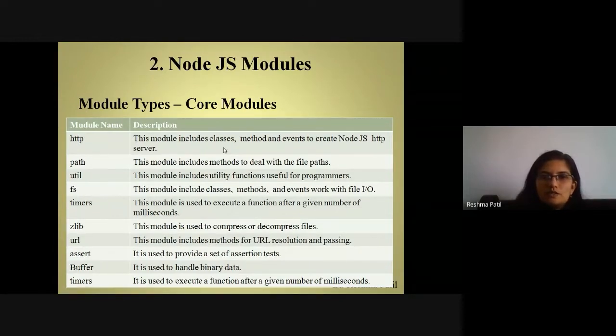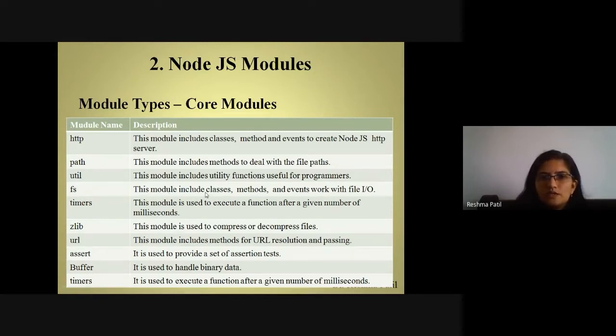Second module is path. This module includes methods to deal with file paths. If you want to get a particular file path, then we can use this module. Using this module, we can access the path of a particular file. This module includes utility functions useful for programmers.